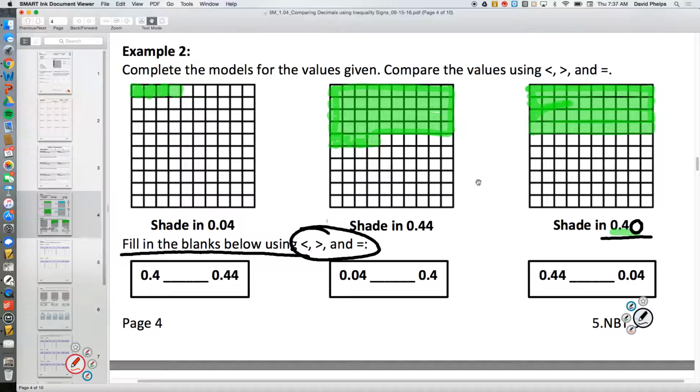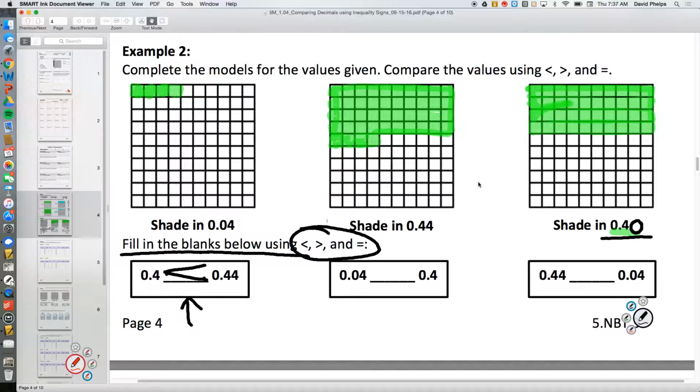Which one do you think is larger, silent hand? Well, I agree. 0 and 44/100 is larger. So put our 2 dots next to that, and put 1 dot next to 0 and 4/10 and connect those dots. So now this sentence reads, 0 and 4/10 is less than 0 and 44/100.